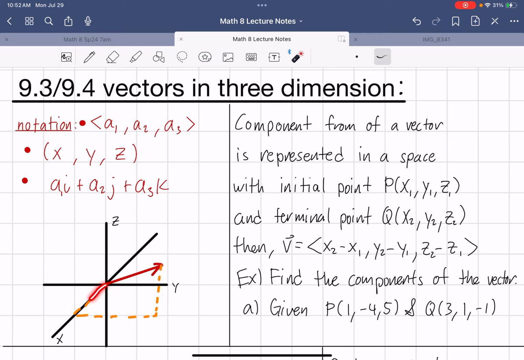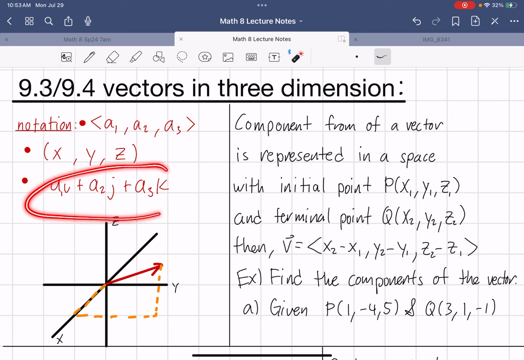So it looks something like this. You'll have a vector in the x direction, which is i, the y direction, which is j, and then k. So you see, terminal, initial on terminal, initial on terminal, and then you'd go from the first initial to the last terminal to make your vector.